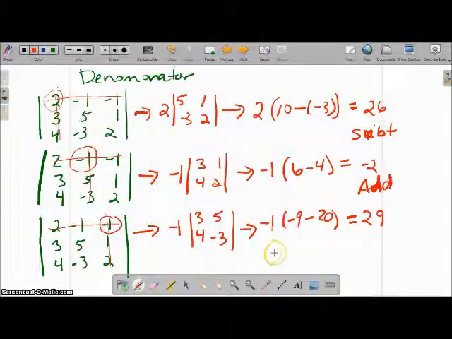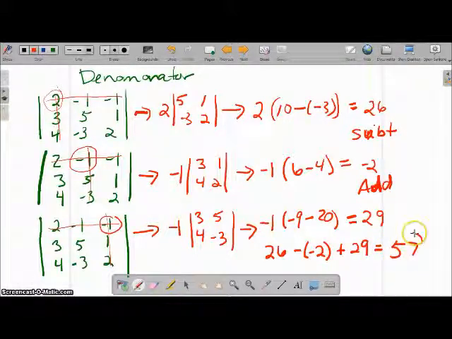So what this answer is going to look like is 26 minus a -2 plus 29. And when you add all this together, you get 57. So now you have to remember that because that is our denominator.